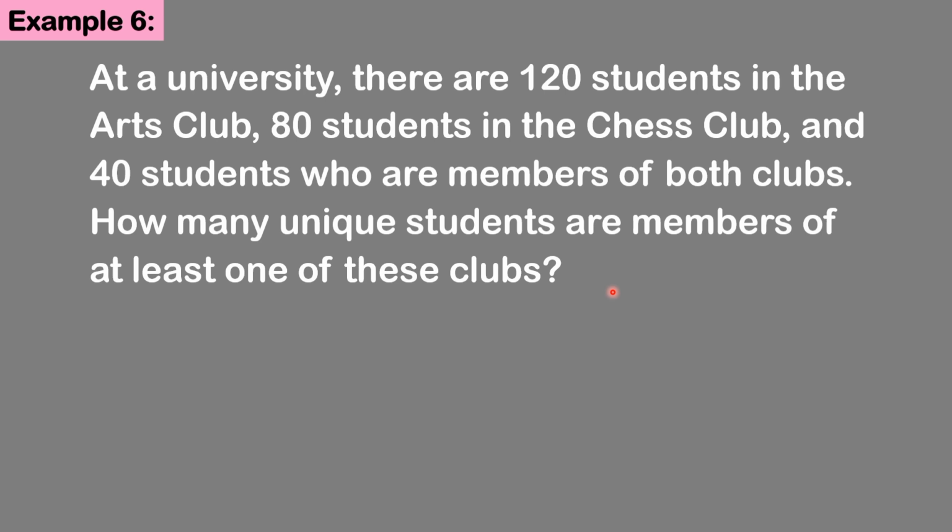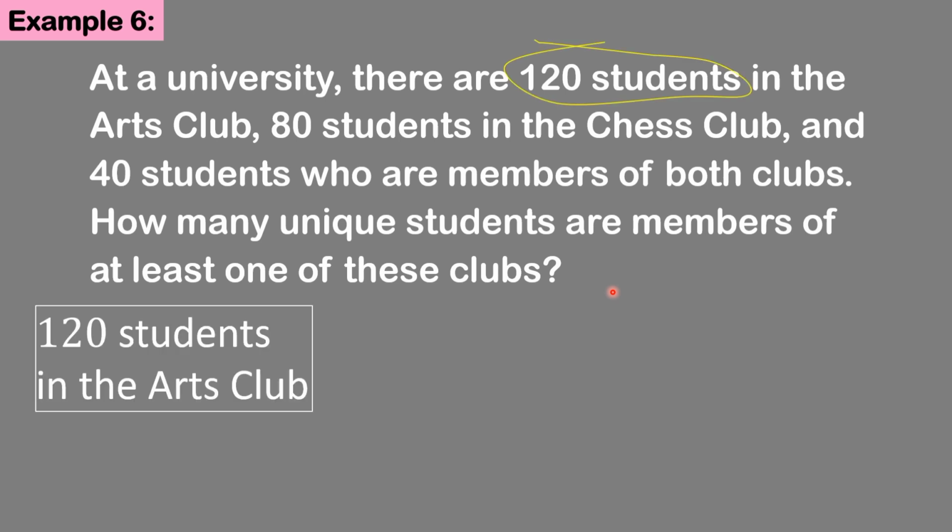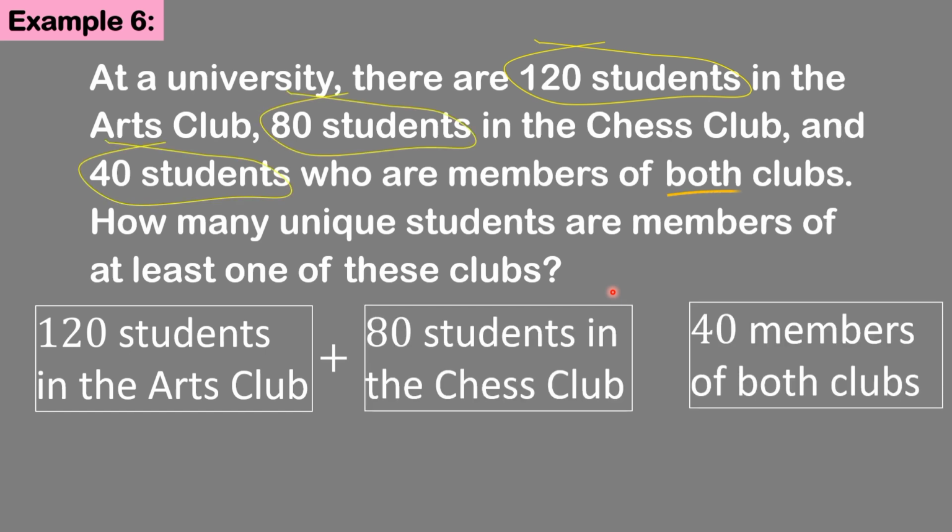Adding the sets, 120 students from the arts club plus the 80 students in the chess club, minus the overlaps or the intersection, we're going to exclude these 40 students who are members of both clubs. Therefore, there are 160 unique students who are members of at least one of the clubs.